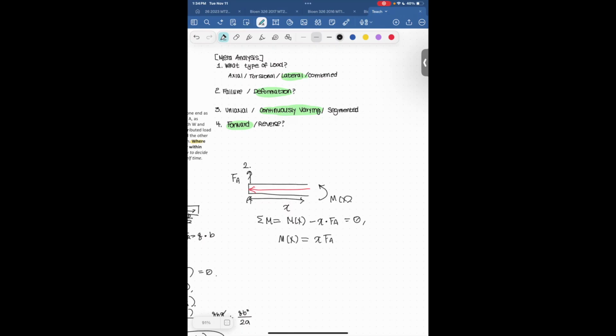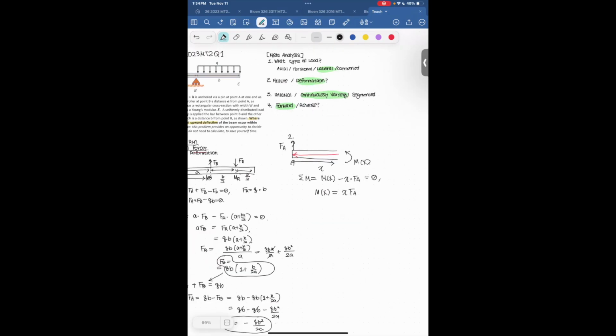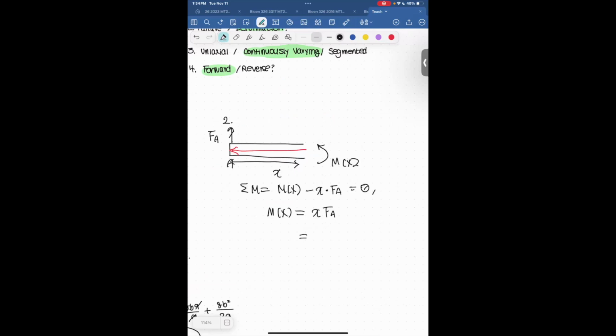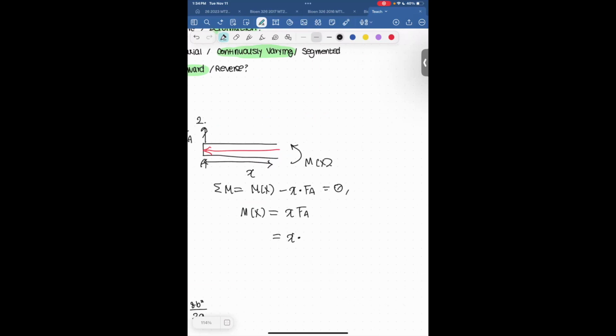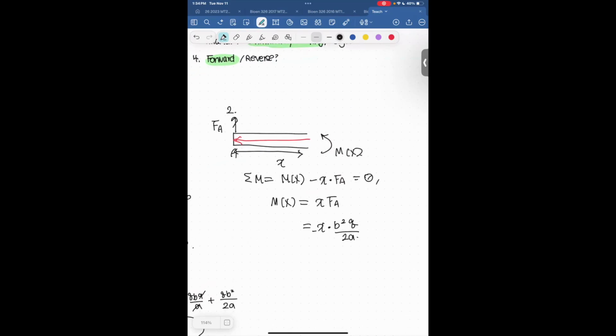And the good thing is we already solved for FA in the support reaction, so we're going to plug that in. X times negative b cubed q over 2a. Great. That is our moment equation. So Mx equals negative x times b cubed q over 2a will be our moment equation.